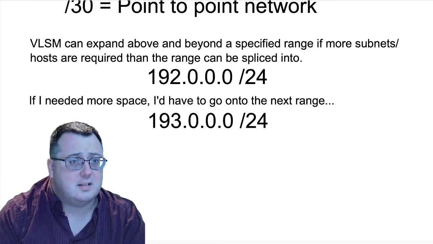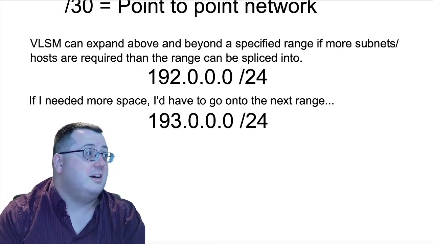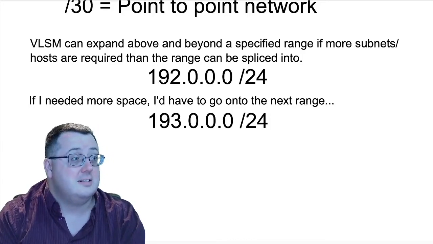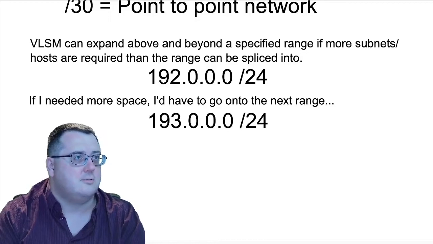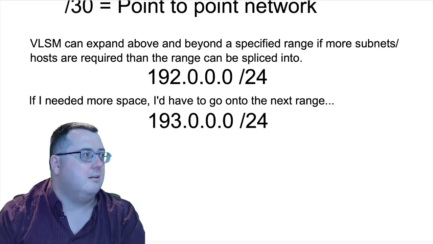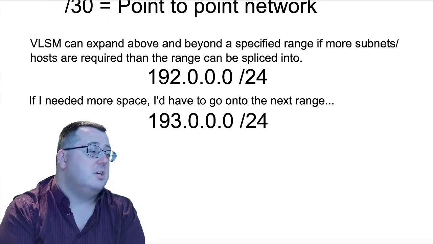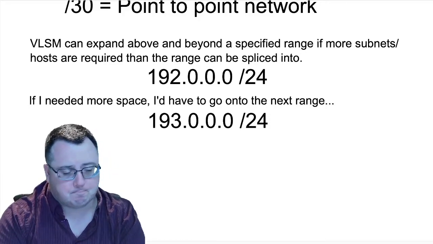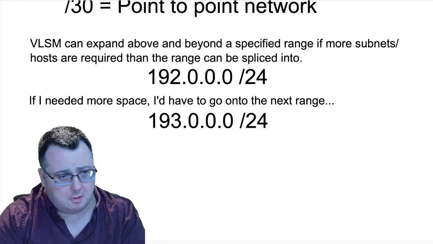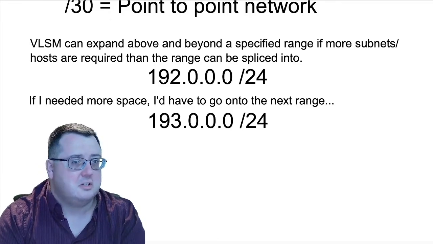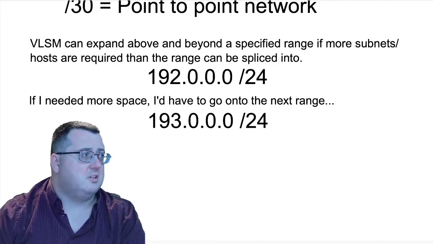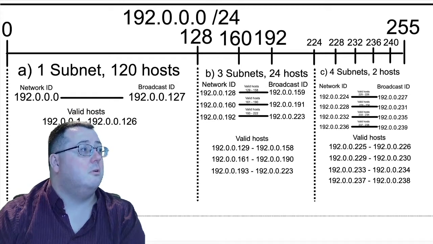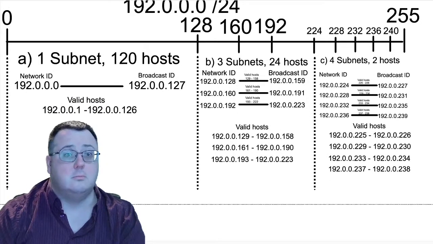And that's variable length subnet masking. Obviously, I can't go into more detail as to what that might be, because it is dependent on what the question actually asks for, how you split that range up. So it is practice. It's, can you do what the question's asking you to do, and can you display it in a very diagrammatic form to show whoever's looking at the questions what's going on.